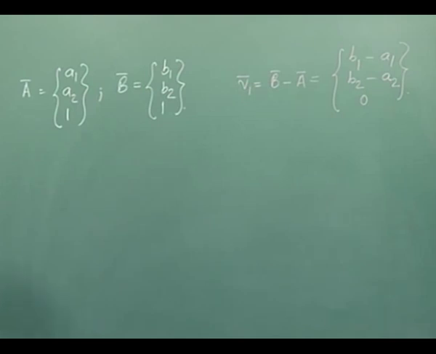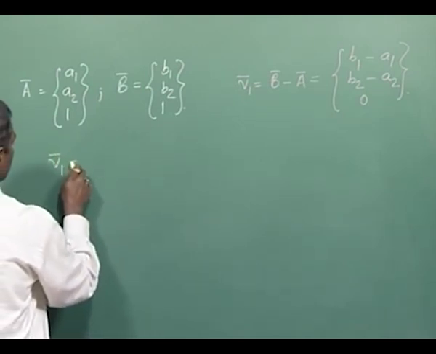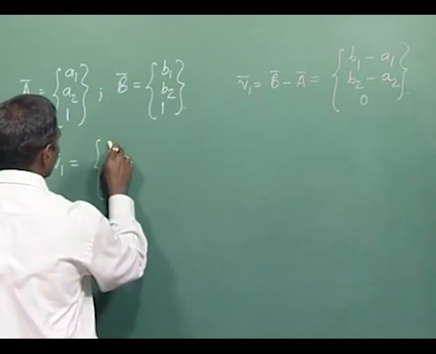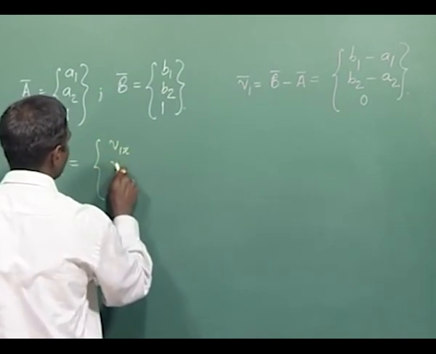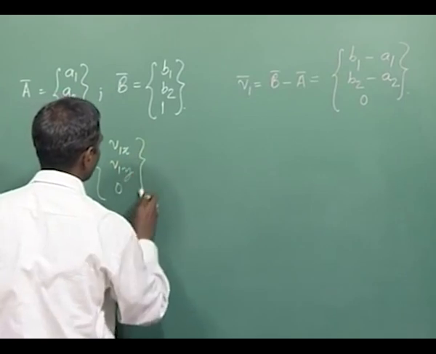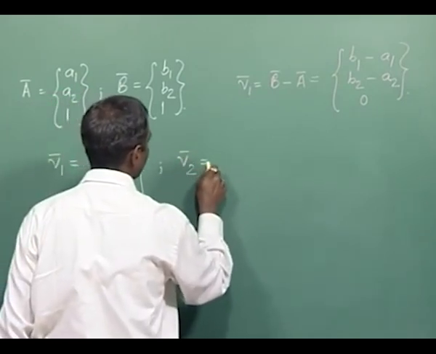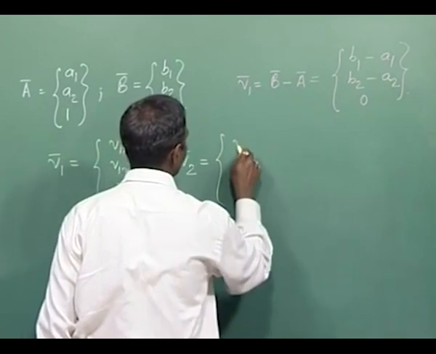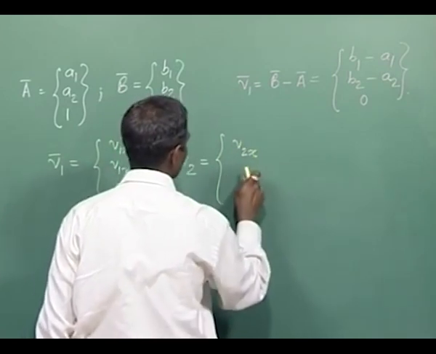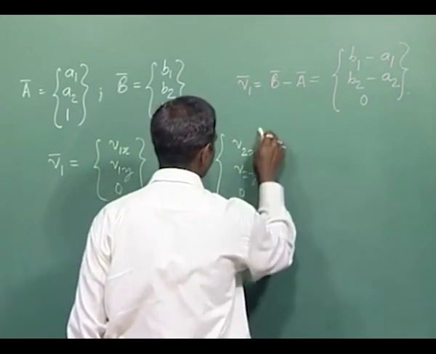With that said, let V1 be equal to v1x, v1y, 0, and v2 be equal to v2x, v2y, 0.